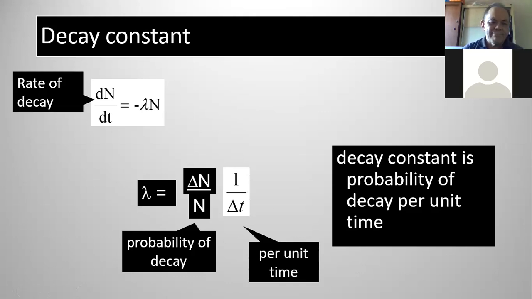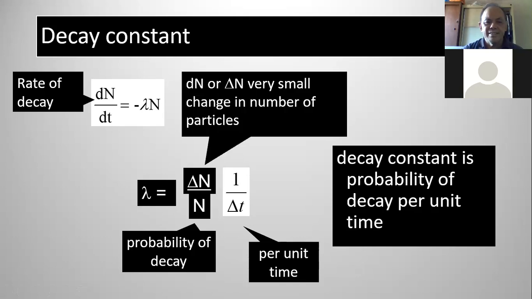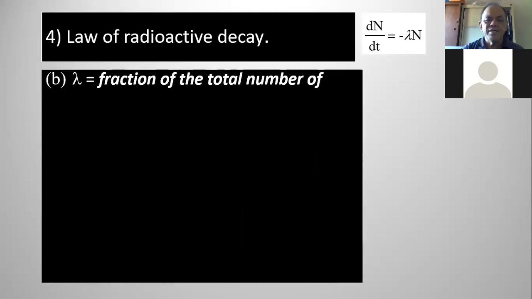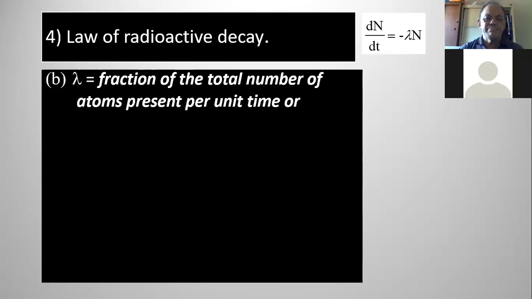Rate of decay, dN/dt. dN or delta N, a very small change in the number of particles. Lambda is the fraction of the total number of atoms present per unit time. That's what I mean by fraction.